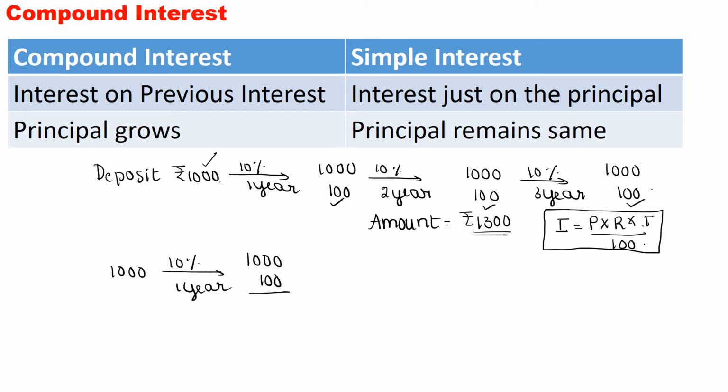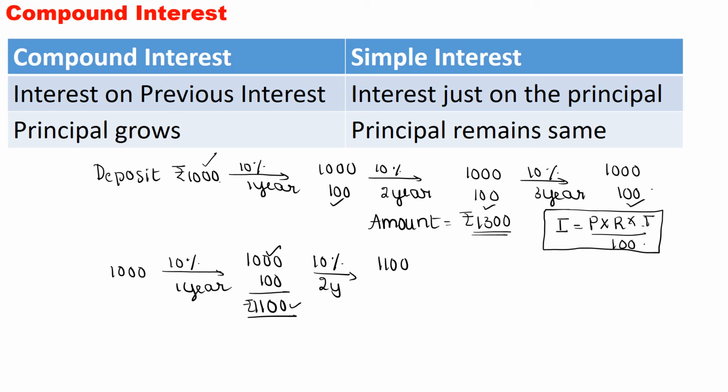I take the money, 1100. Then I put the money back at 10% interest, second year. Now the principal won't be 1000 rupees, it will be 1100.